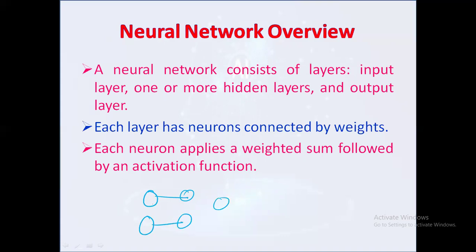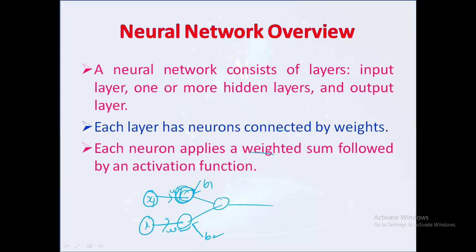Here these are the input patterns, and each neuron is connected with one weight value, and we have biases b1, b2 like this, and the output is connected like this. So each neuron applies a weighted sum followed by an activation function.